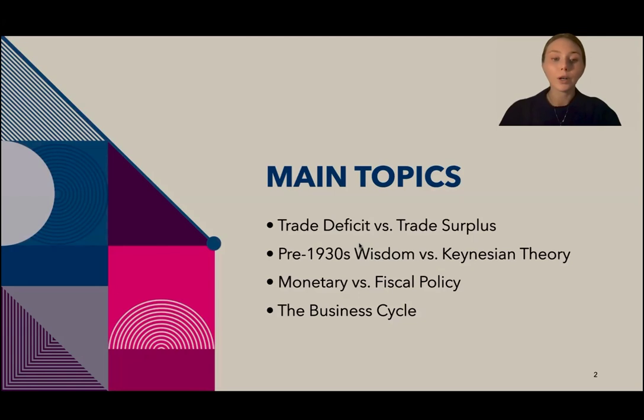Then I'll go over what economists thought before the 1930s and their beliefs about the right way of going about the economy, which is the idea that the economy could fix itself. But then John Maynard Keynes steps in and completely changes that way of thinking after the Great Depression.